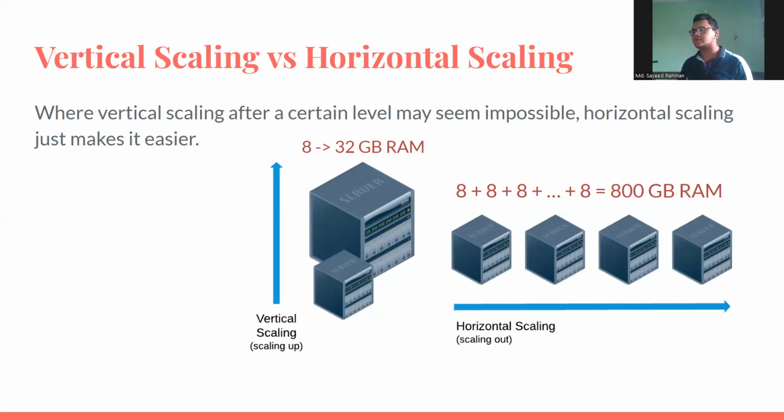So how does this work? Instead of increasing the computing power of one machine, we buy many machines with the same computing power. If I have 100 computers and each has 8 GB RAM, I end up with 800 gigabytes of RAM, which can't be achieved with vertical scaling.